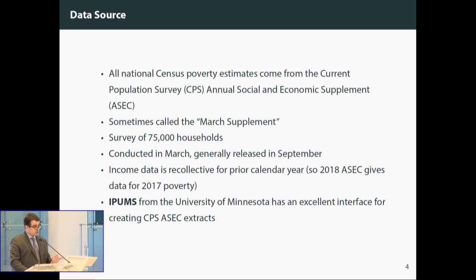That's done every March, and it's a special supplement where they ask 75,000 CPS households retrospectively what their income was the prior year, to a level of detail where they're able to aggregate it up to useful measures. So for example, in March of 2018, the ASEC would have asked these 75,000 households what their income was for 2017, and that is where we get different measures of 2017 poverty.